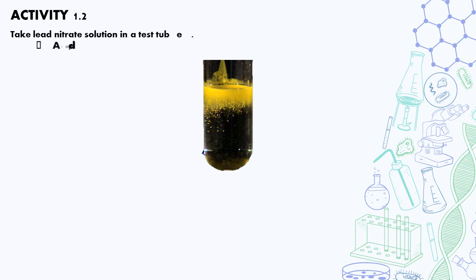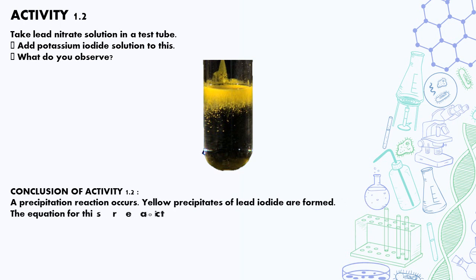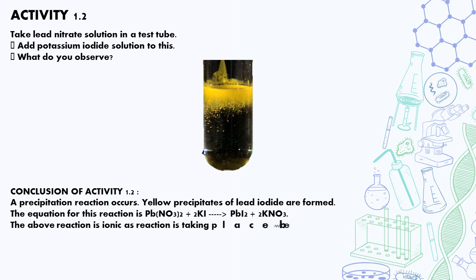For the next activity, the next activity is about lead nitrate solution. It involves taking a lead nitrate solution in a test tube and adding potassium iodide solution to it. You will observe in this precipitation reaction, yellow precipitates of lead iodide are formed.